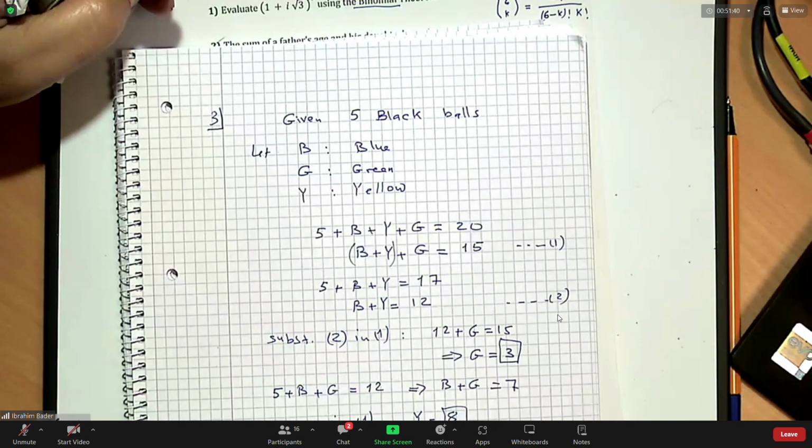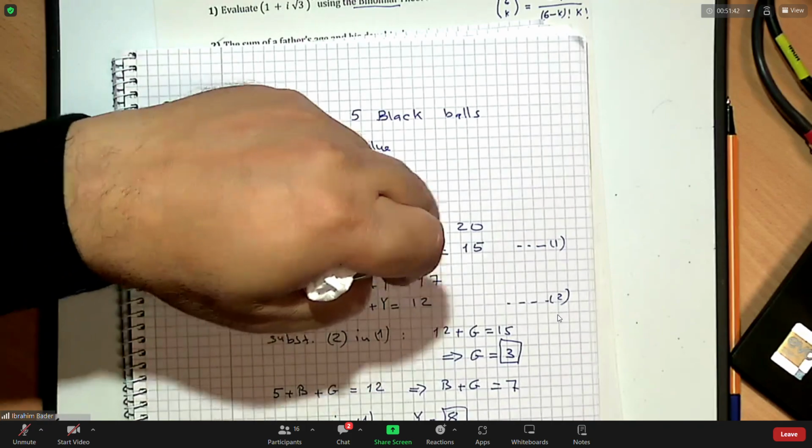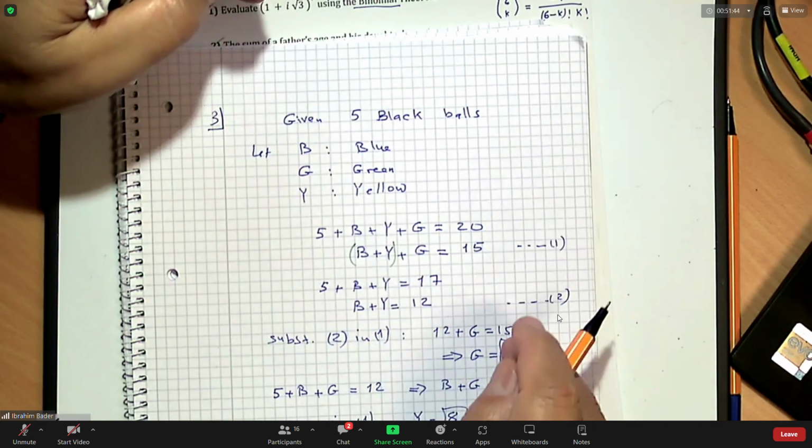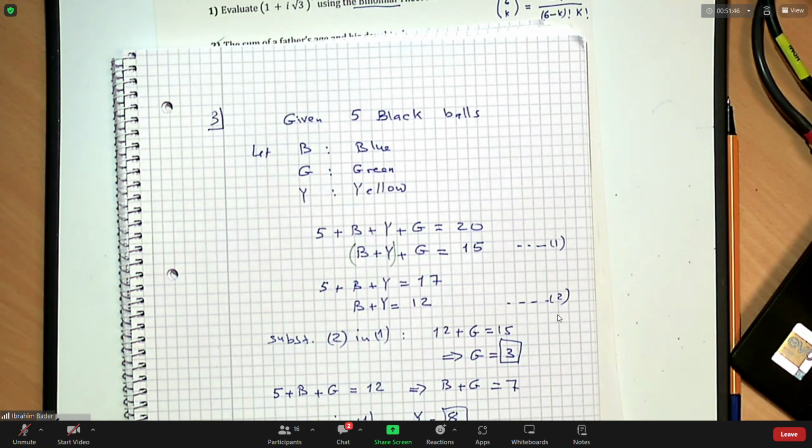Okay. So blue plus yellow plus green is equal to 15. I have 3 and 8, 11. So it follows that green is equal to 15 minus blue minus yellow, and this is equal to 4.